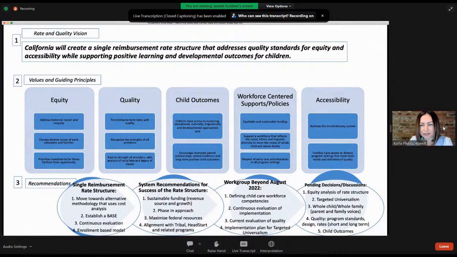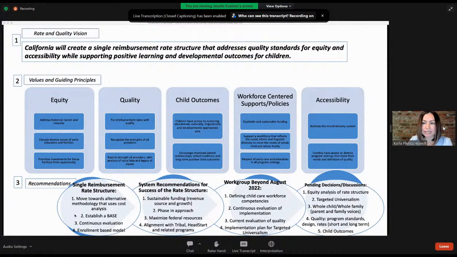This was called, the first rectangle was equitable and fair funding. We heard loud and clear that we need to rename it. So took the language that you all recommended. And then added the importance of respect for the early care and education field and in all program settings.